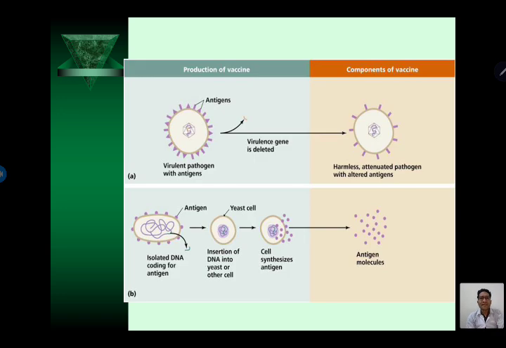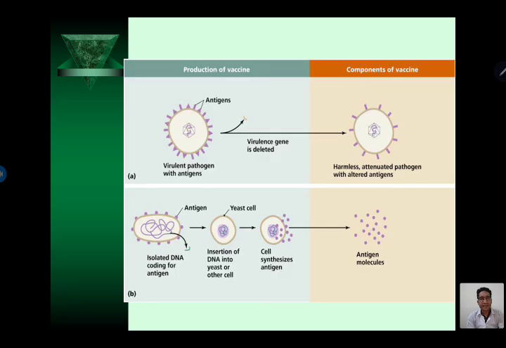For the production of vaccines, one component is harmless, attenuated pathogens with altered antigens, where the virulence gene is deleted. This is the very first case.